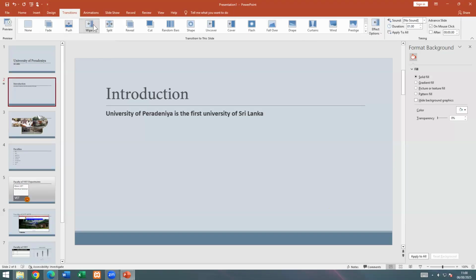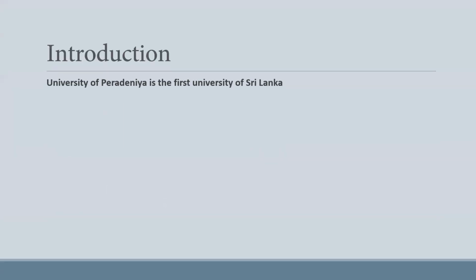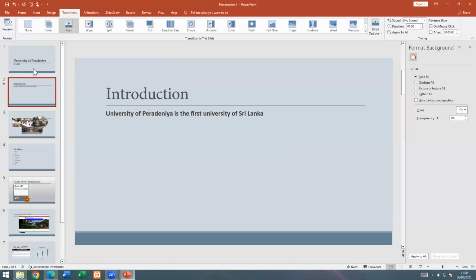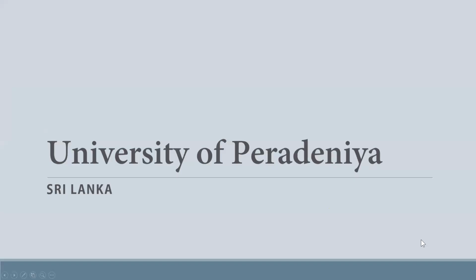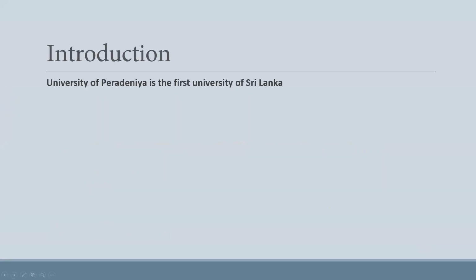Once you click it, and if you show this slideshow, you will see I'm in the first slide, and when I go to the second slide, it will slowly, with a transition, move on to the second slide. All the objects appear, but slowly with some kind of attractive transition.